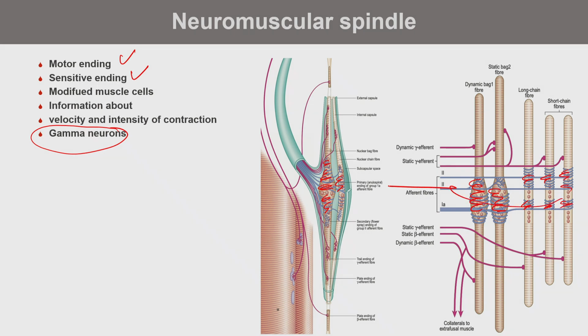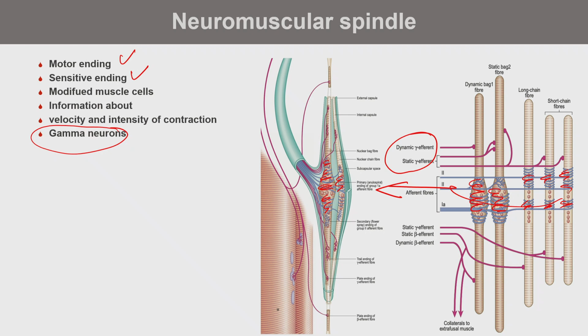These are fibers which inform us about the tension and intensity of contraction and its velocity. And gamma neurons have endings at the tips, at the sides of the spindle.